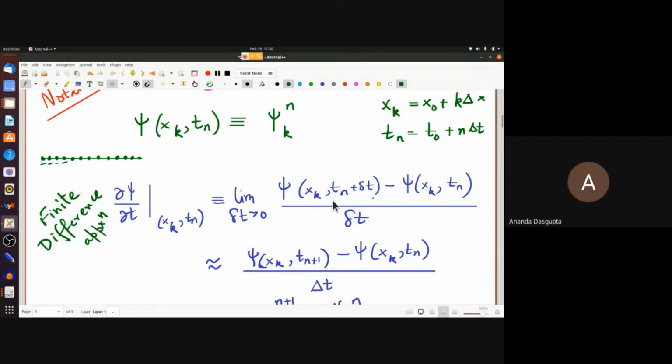You say, okay, let's go from Tn to the next time step, Tn plus 1, find out how much psi has increased and divide by the time step. That, of course, is the average value of the partial derivative with respect to t in that interval. We are going to use that average value as the actual value of del psi del t. And the whole idea is if delta t is small enough, this approximation should not really bother us. Okay? Is that clear?